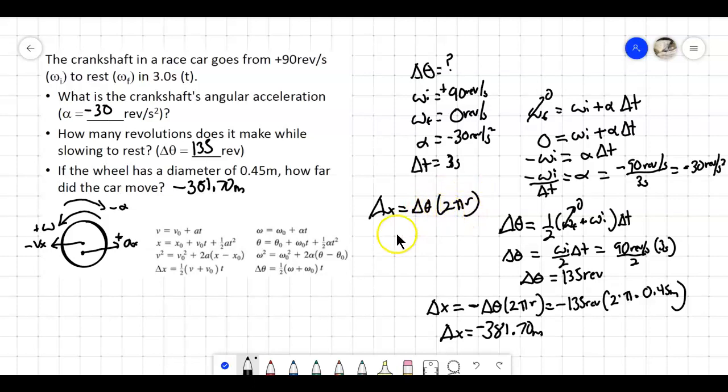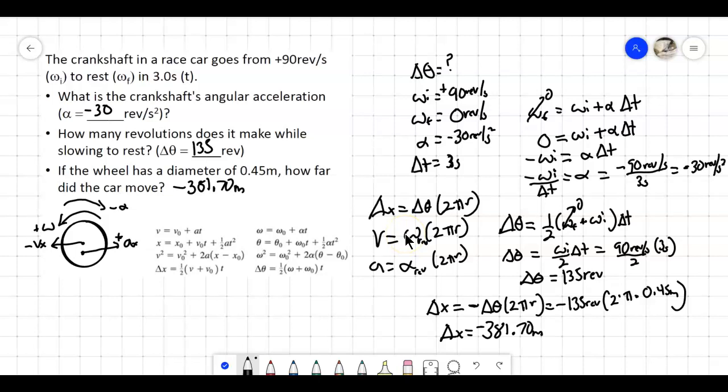Again, if this is in revolutions, or the velocities, since you have omega, you just multiply that by 2 pi r if you have omega in revolutions. And if they want the linear accelerations, you just take the alpha in revolutions and multiply it by 2 pi r. Do all your heavy lifting using your rotational motion equations and then convert them over later on to the linear motion stuff.